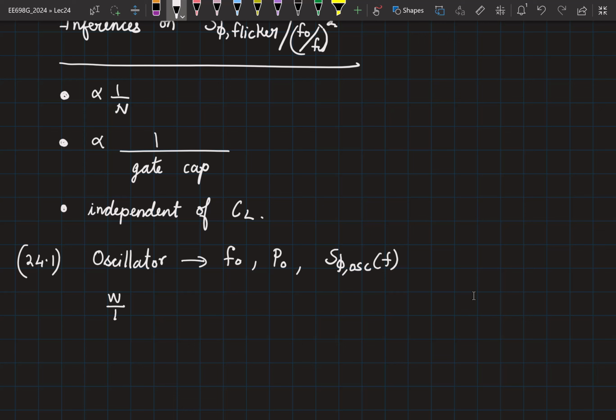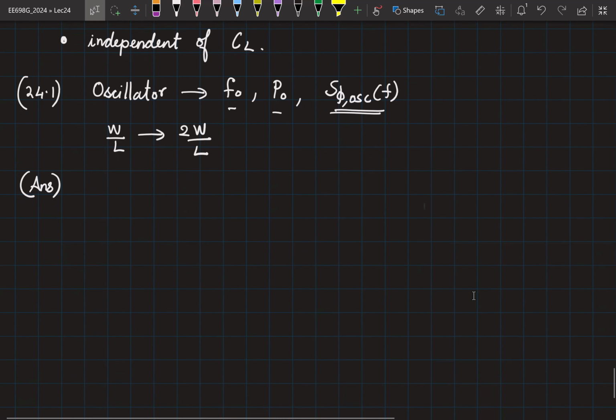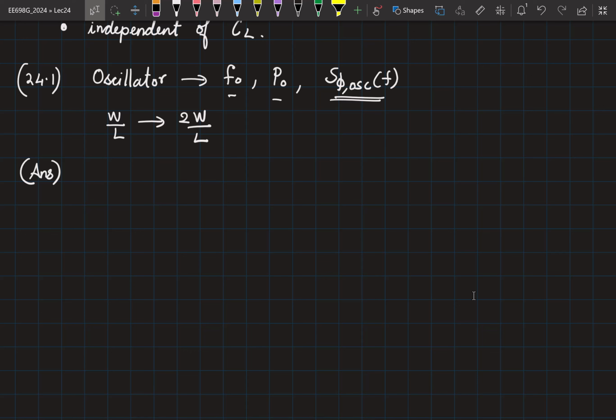I make all the W by L's to be twice the original value. Can you tell me how F0, P0 and this factor are going to change? Yes, right now. You have the expression for S5 of oscillation. You'll have to check for S5 white and S5 flicker separately and then give me a comment. Again, feel free to discuss.